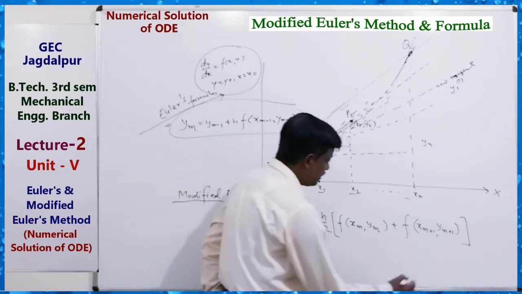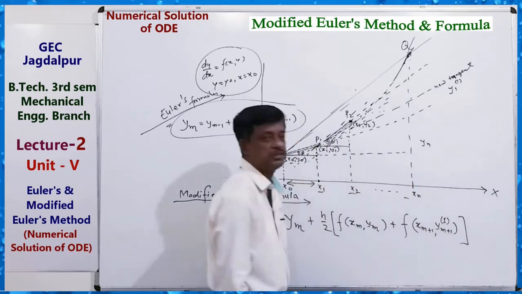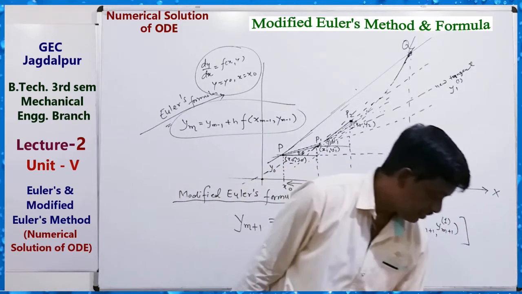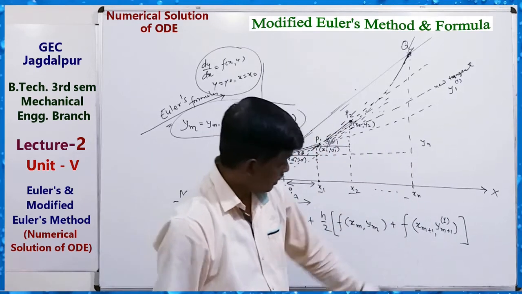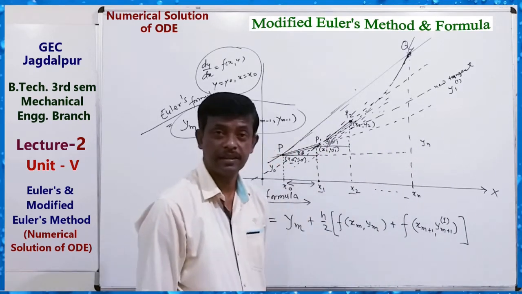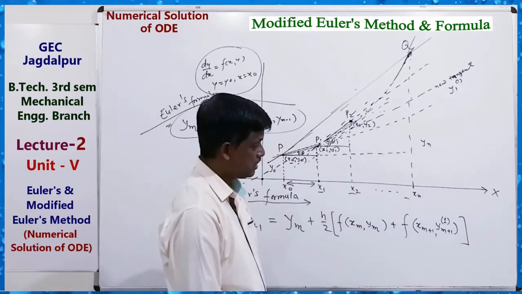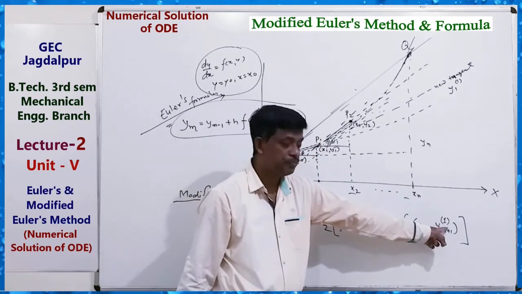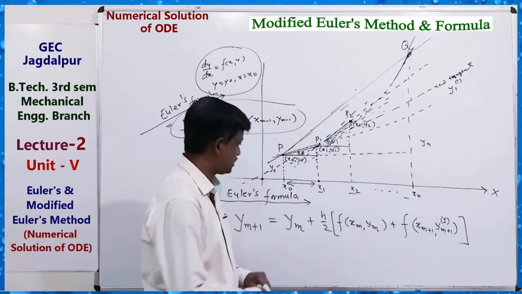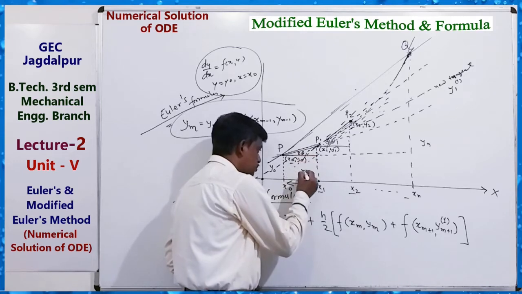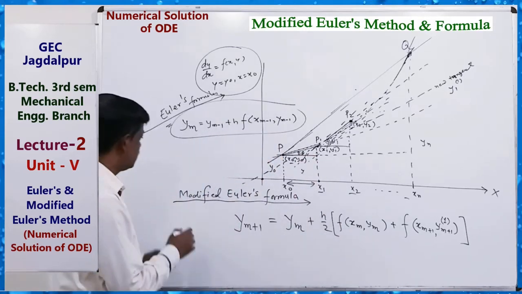Okay, and here this is the previous approximation. It means what? This means we find it from the previous value. The first approximation gives y, which is used for this, step by step.